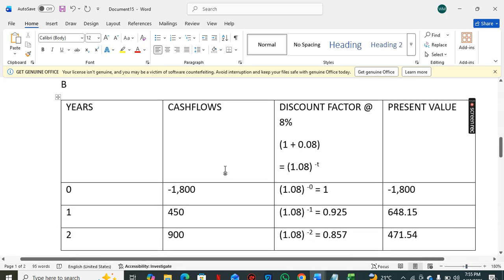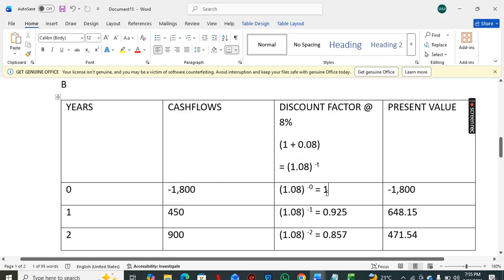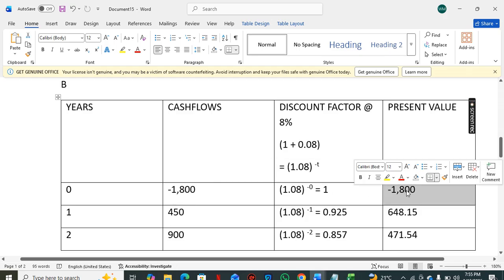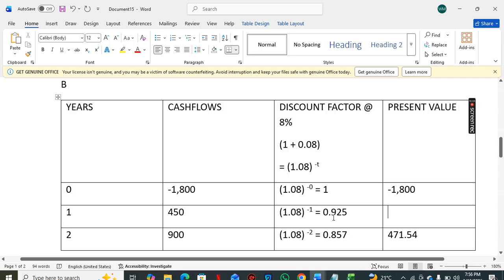Get your present value: cash flow multiplied by discount factor. Negative 1,800 times 1 is negative 1,800. For year 1, 450 times 0.925 is 416.25.